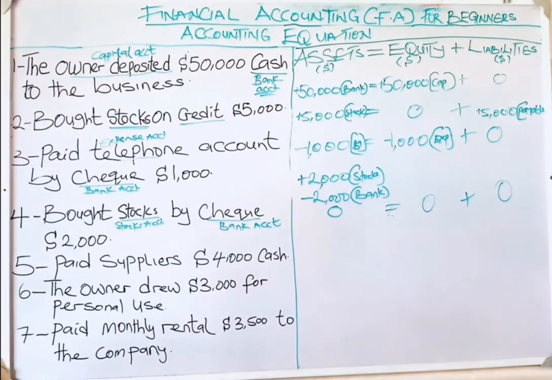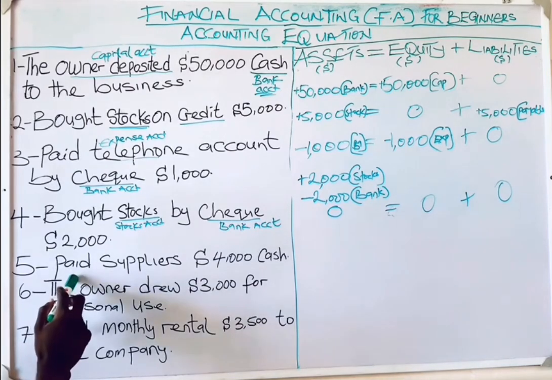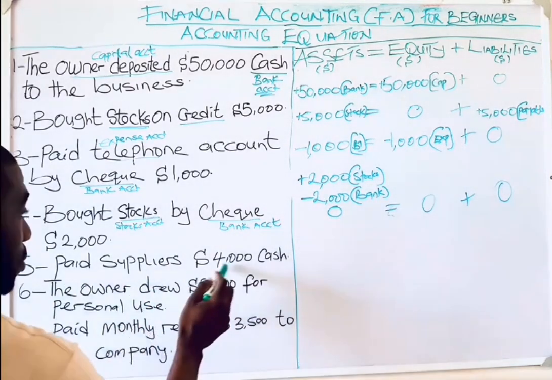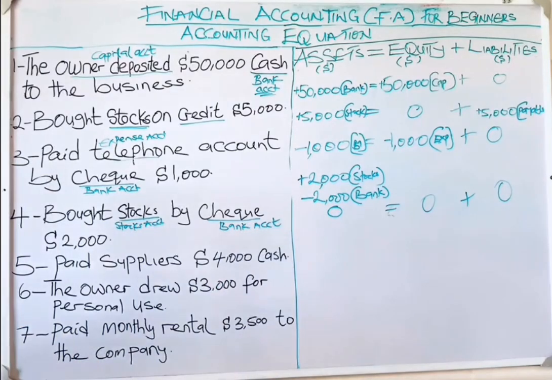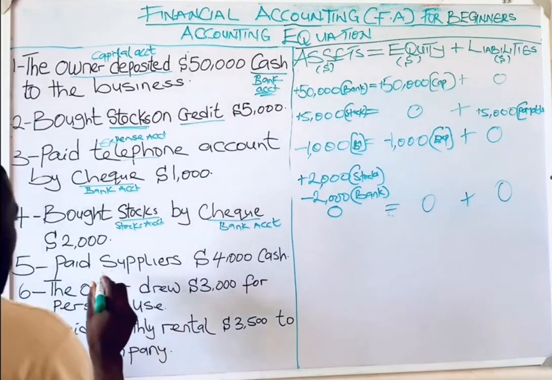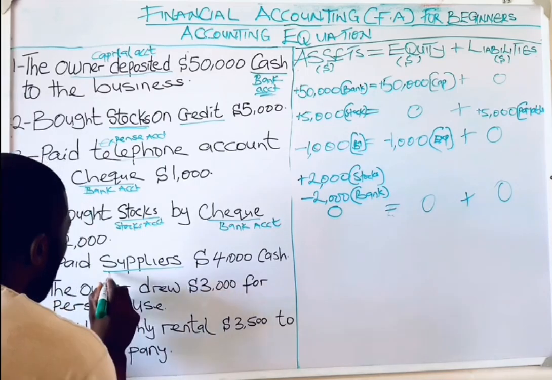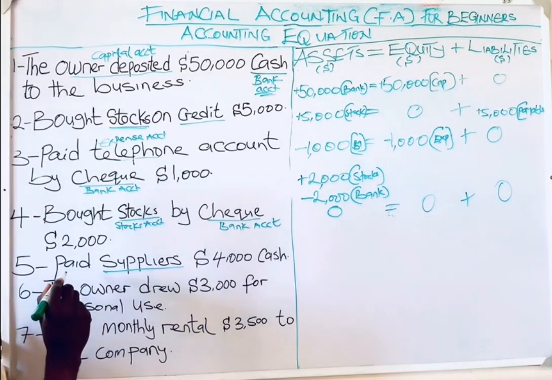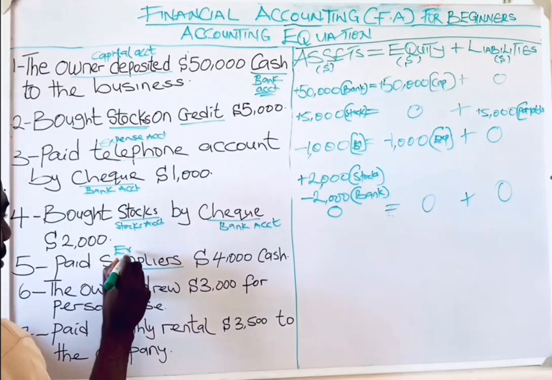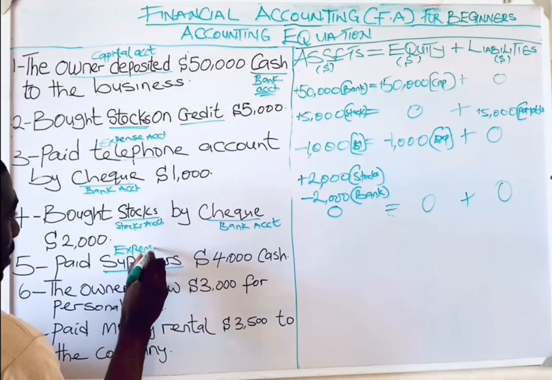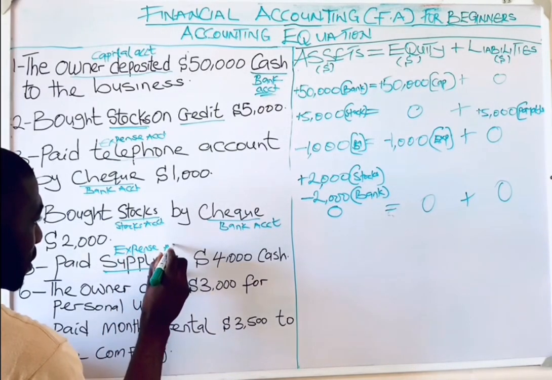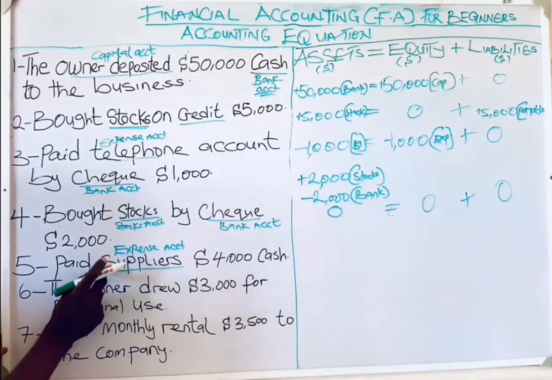Let's go to the fifth transaction. The fifth transaction says paid suppliers $4,000 cash. Now, if you look at this, you're paying is an expense account, and it is affecting the suppliers.